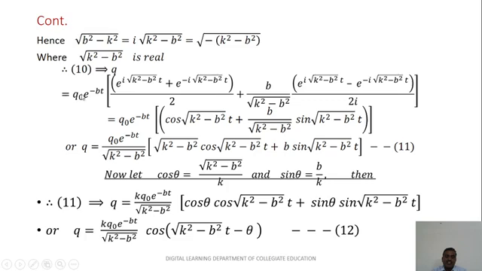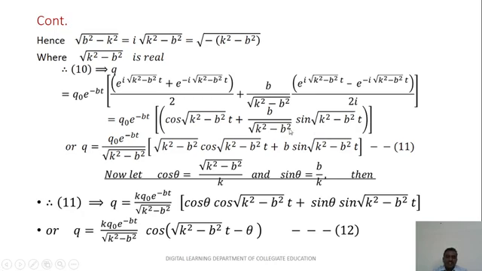So then I am taking this constant as it is: q naught e to the power of minus bt into, this becomes cos of root of k square minus b square t, because e to the power of i theta plus e to the power of minus i theta divided by 2 becomes cos theta. Then plus b divided by root of k square minus b square, and this whole term becomes sine of root of k square minus b square into t.